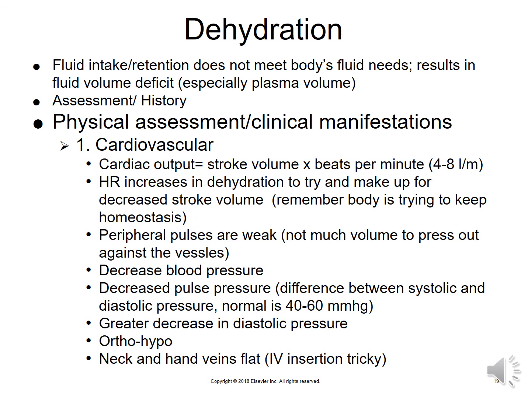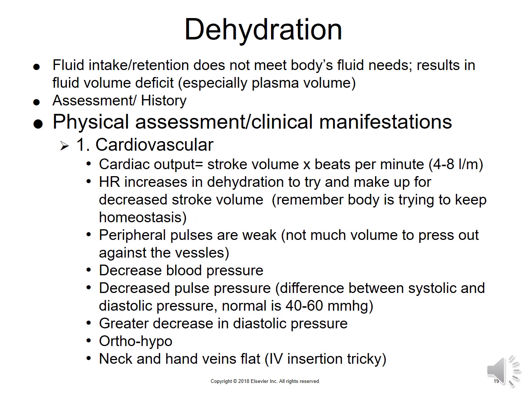Okay? When we talk about the cardiovascular system, one of the elements that we need to understand is cardiac output. Cardiac output is the amount of blood the cardiac system pumps through the circulatory system in 1 minute. So how are we going to know that? Well, we'll talk about that more in critical care, how to measure it exactly.